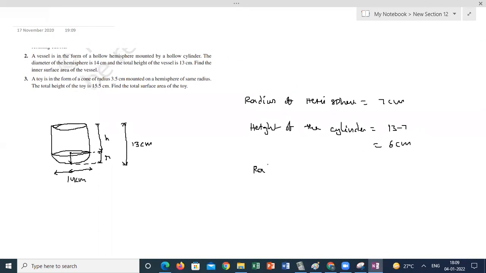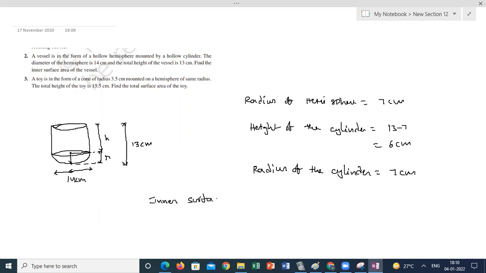The radius of the cylinder is equal to the radius of the hemisphere, then only you can mount it properly. Radius of the cylinder is equal to 7 centimeter, half of the diameter. Find the inner surface area of the vessel.